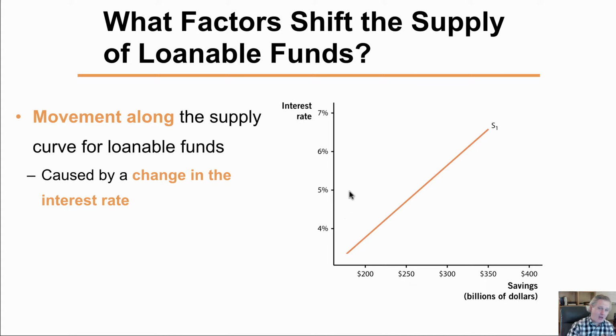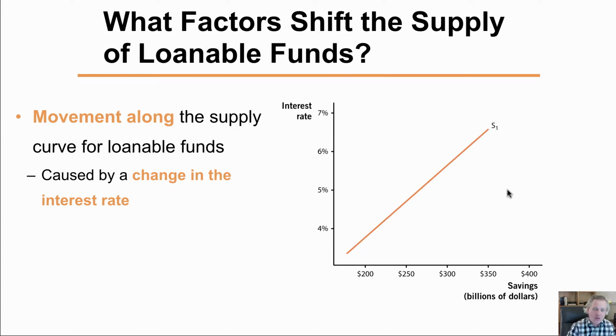So if you're looking at a question or trying to think through a real world scenario, and the only thing that is changing is the interest rate, then you're only changing the quantity supplied. It's not changing supply overall. That would be a shift in supply. If only the price of a good changes, then the only thing that is changing is the quantity supplied, not supply overall.